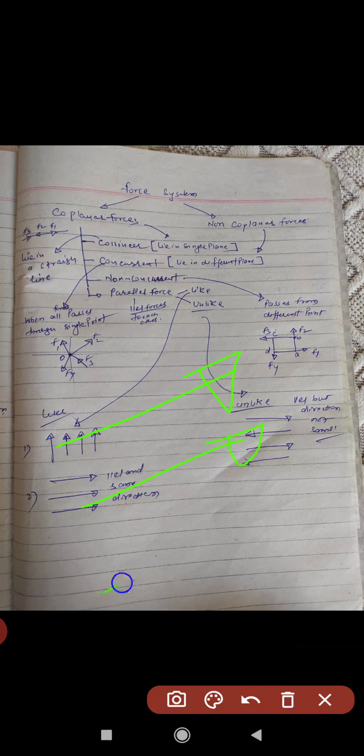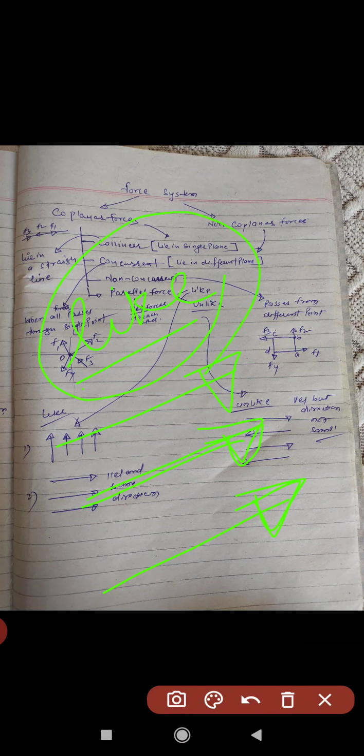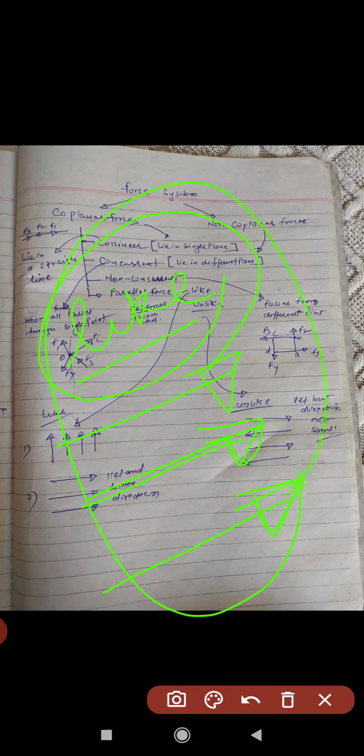And what is the difference between like and unlike? Like means the forces are parallel as well as in the same direction. When the forces are parallel as well as in the same direction, we call them like parallel forces. They come under coplanar, in the same plane, parallel and in the same direction.